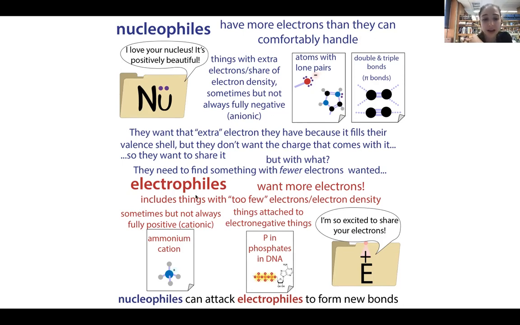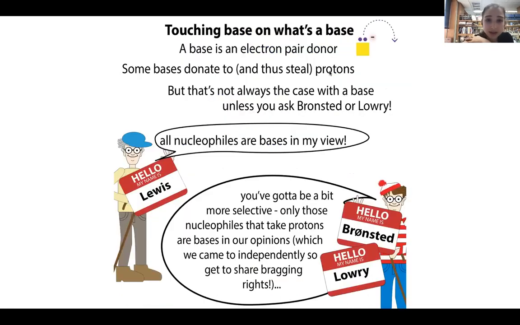And then on the other hand, you have electrophiles, which are the opposite. They want more electrons, and so they make a really good pair with the nucleophiles. So if a nucleophile has a lone pair of electrons, now it can act as a Lewis base, or a Bronsted-Lowry base.